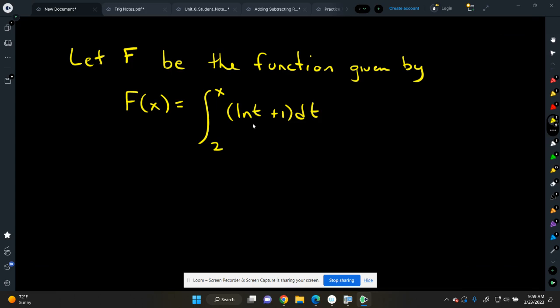Which of the following represents F prime of x?